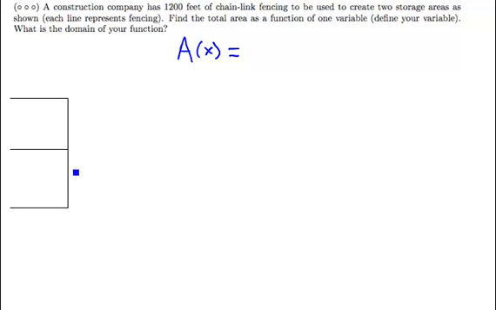One thing you want to be careful about, though, is that the length of this side does not necessarily need to be the same as the length of this side. These are rectangular areas, and so the 2 sides might not match. So there's more than one right answer to this. I'm going to work out one of the possible solutions, and I will choose x to be the length of this side.